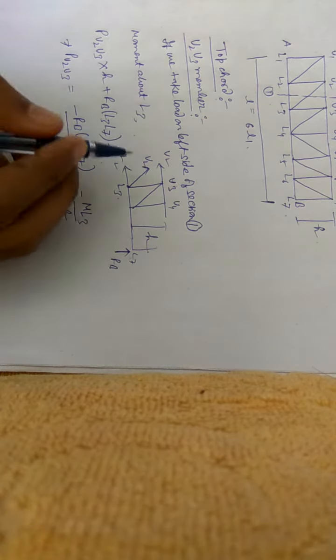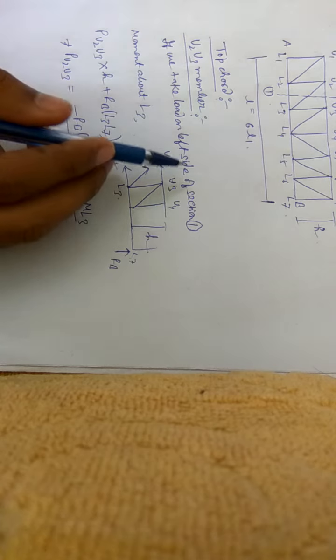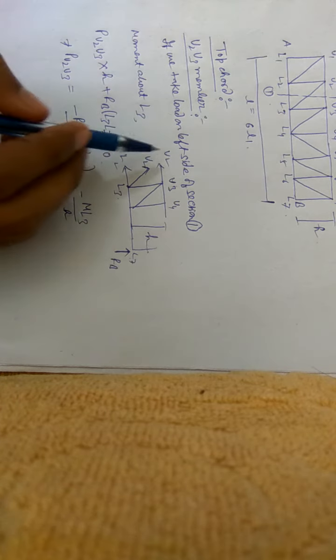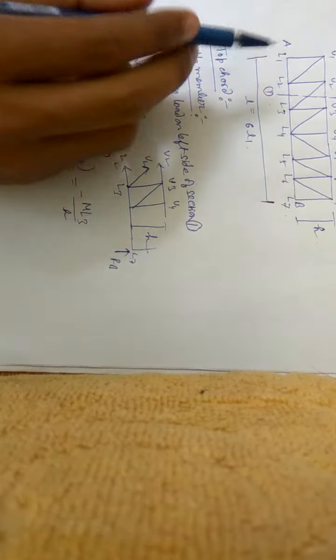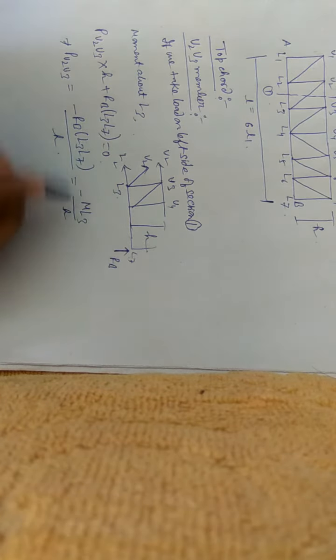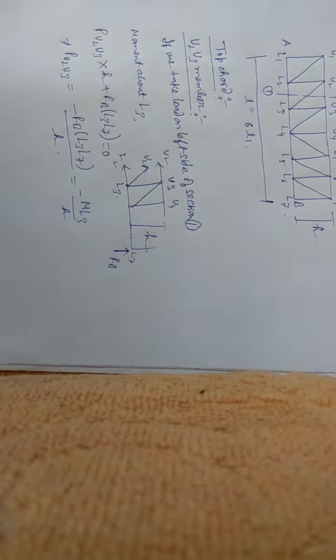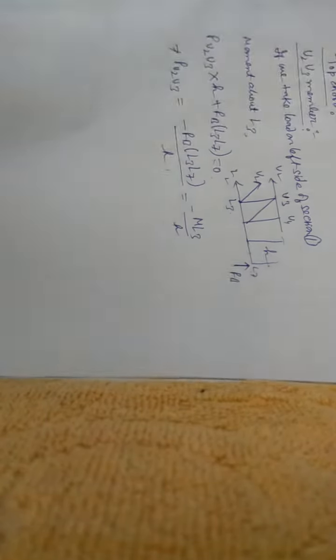If we take the load on the right side, then we have to take the left section, and by doing the same process, we get the same value of P U2 U3 equal to minus M L3 by h. You can do it and you will get the same result.